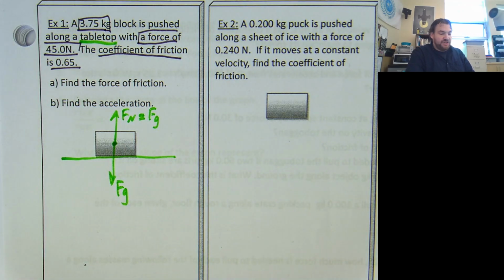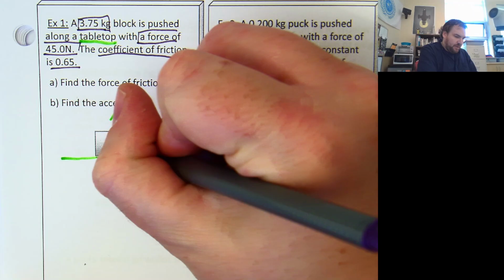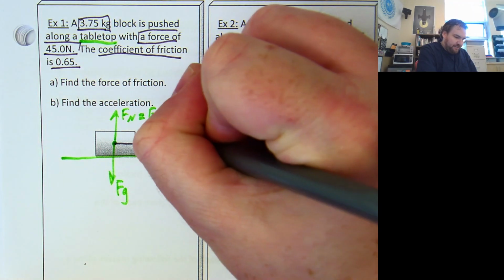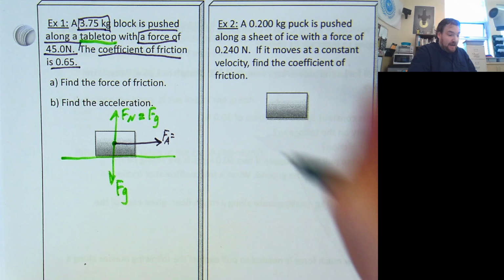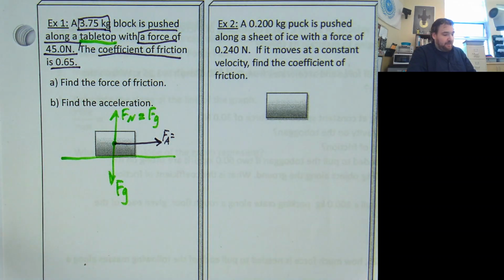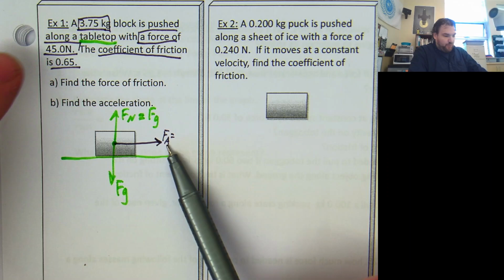What else is going to go on this free body diagram? There's an applied force. It doesn't say which way, so which way, Jack, do you want the applied force to be? Sure. There's an applied force to the right. We're given a value for that, so let's just put it in right away. Fa is 45 newtons.